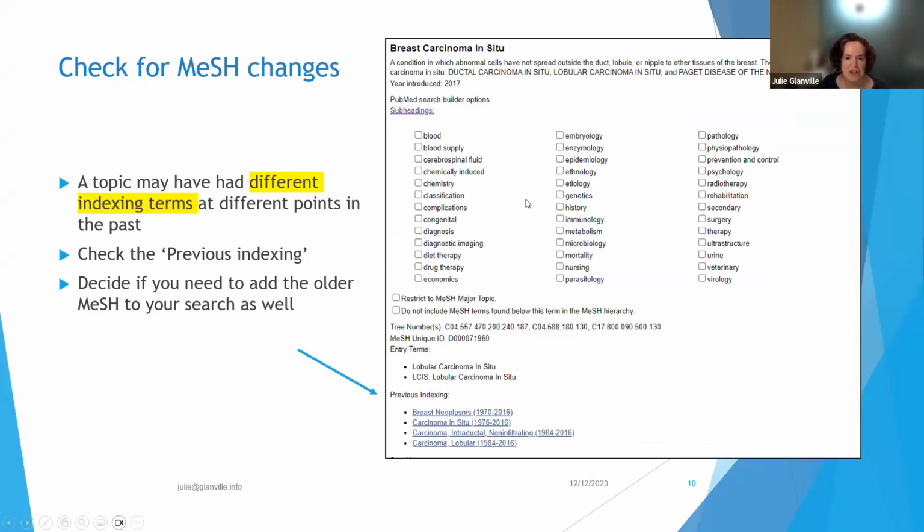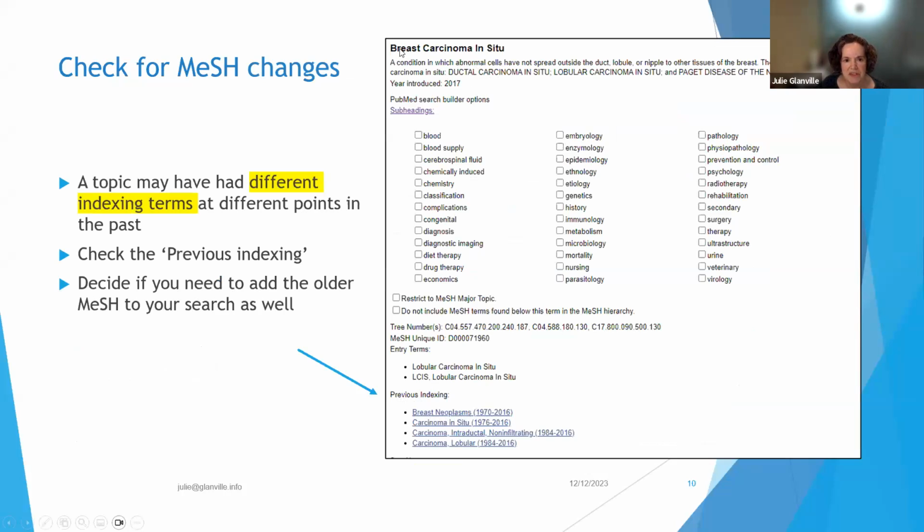The other reason why it's important to look at the MeSH browser and to look at the notes for the headings in the MeSH browser is to look out for previous indexing. Over time, the MeSH thesaurus changes. New headings are introduced, headings are split up. It's on the move every year. And what this means is that you may need to search for older headings as well as the current heading.